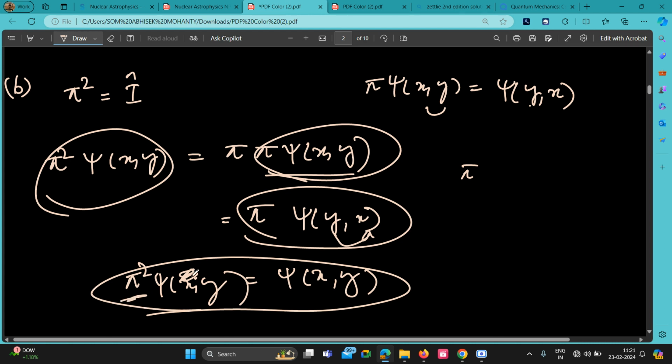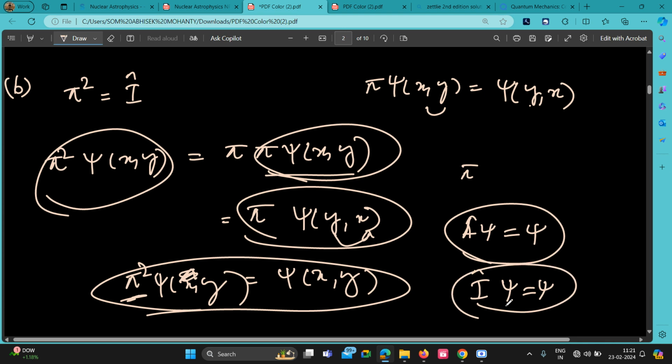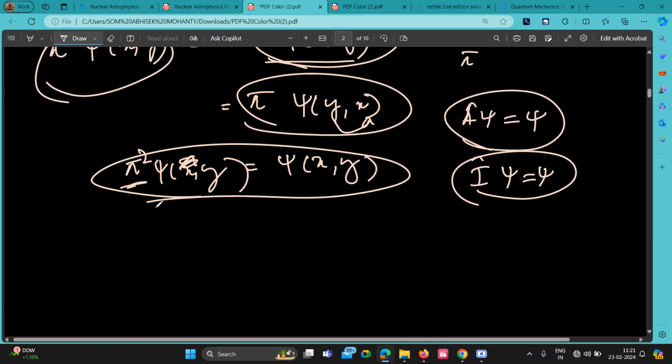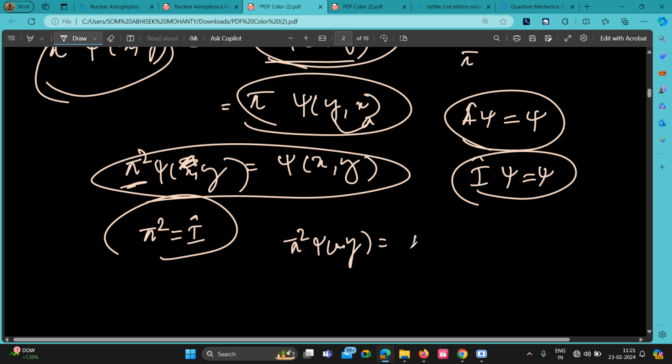If I operate something A on psi and get psi, that happens only when A is a unit operator. So from here I can prove that π square is equal to I, because it's not changing the state. Now, what are the eigenvalues here? Suppose π square psi(x,y) is equal to lambda square psi(x,y). And lambda square is how much here?